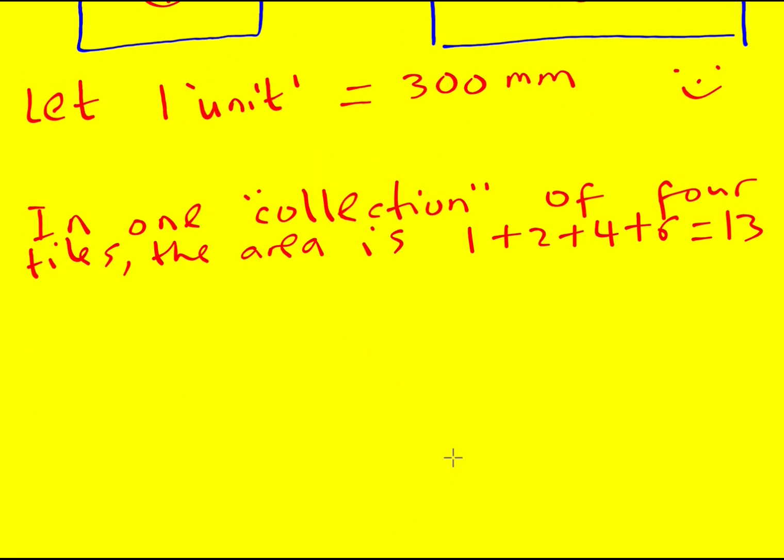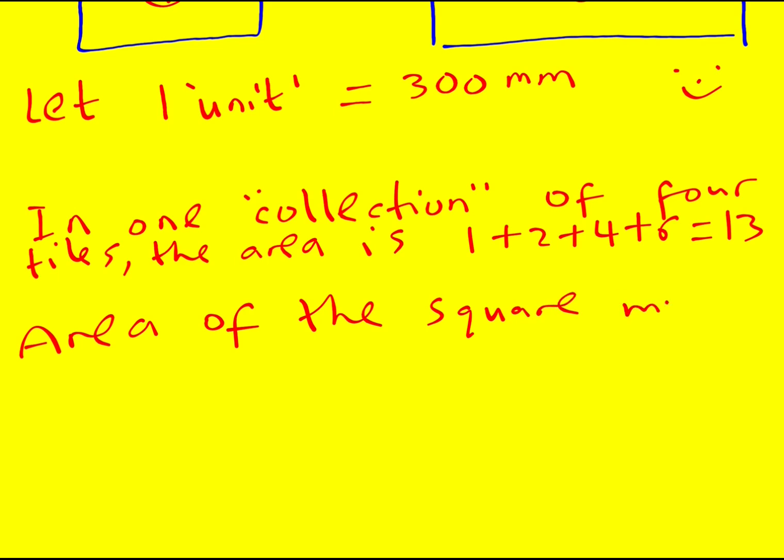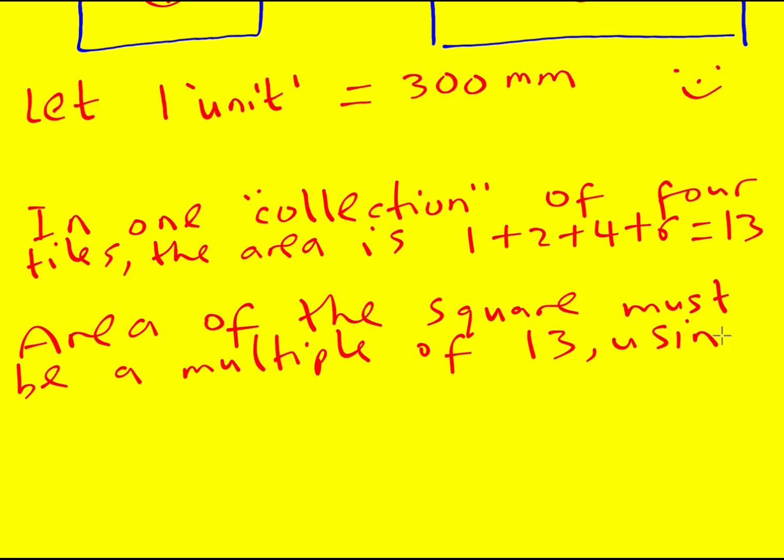So we've got to somehow get a square out of that, and the area of the square must be a multiple of 13. Because when you find the area of a square, it's like 4 times 4 or 5 times 5. So because we're making it out of these ones, it's not like I can get 50 or anything, because I've got to use a whole number amount of tiles.